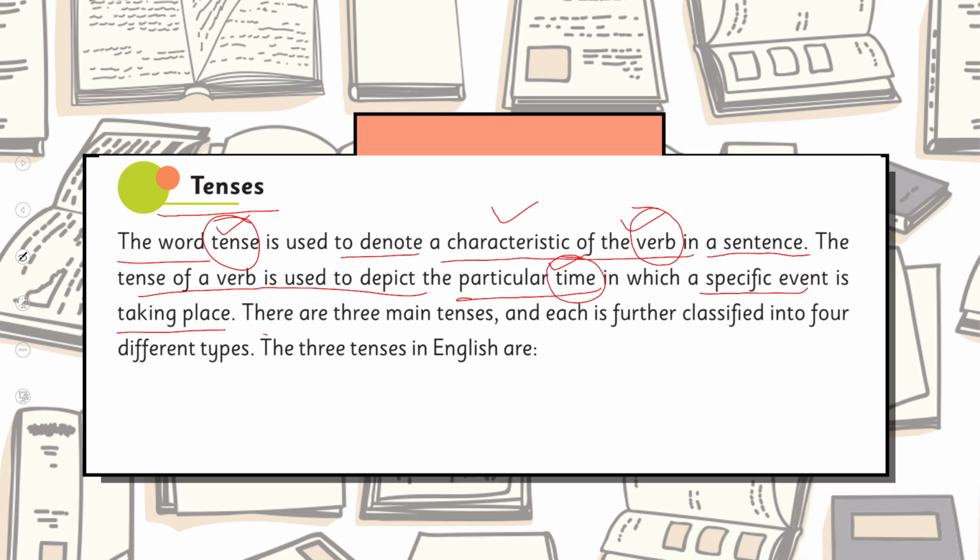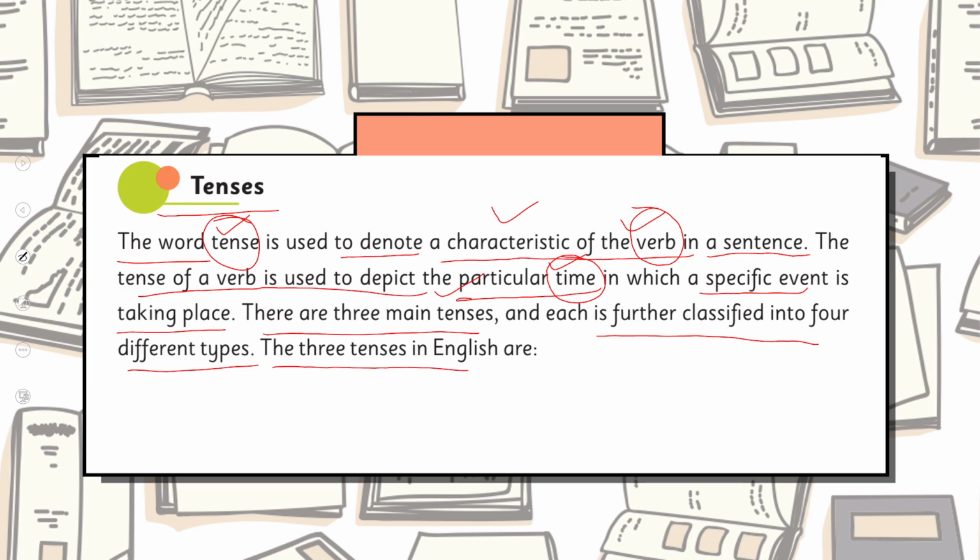Now, there are 3 main tenses. We are already aware of them, and each is further classified into 4 different types. It means we have 3 main tenses and they are classified into 4 different types or kinds.